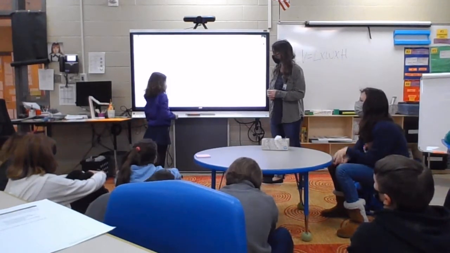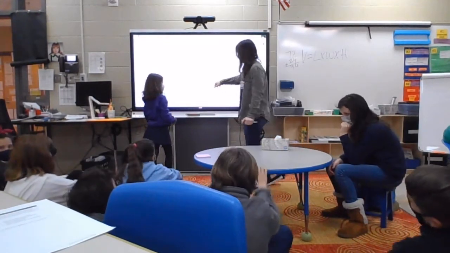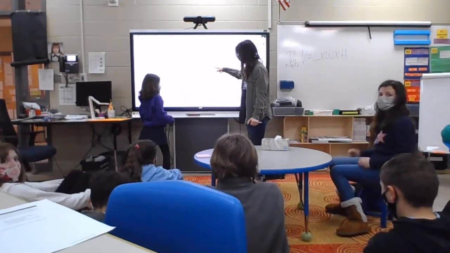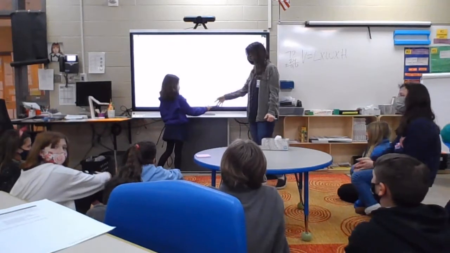Good. Okay. Did y'all get the same answer? Yeah? Okay, so she got her length is 5. 1, 2, 3, 4, 5. Then she got her width is 1, 2, 3, 4. And then she got her height. 1, 2, 3, 4. Good. Thank you.